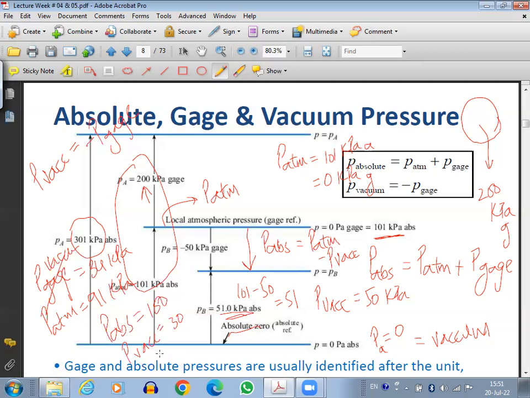Yeah, 130. P absolute is 100, but vacuum is 30. So P atmosphere should be 130. So for 130 P atmosphere, if I go 30 kilopascal down, then it will give me the P absolute 100.